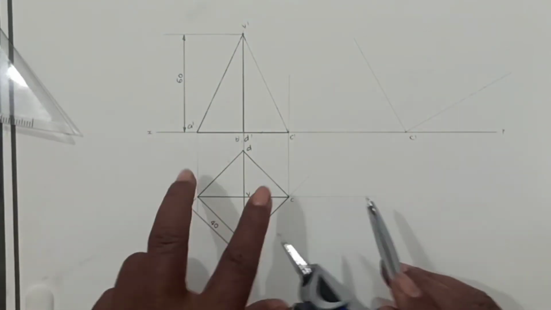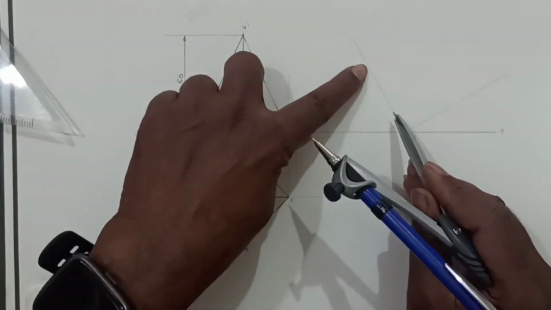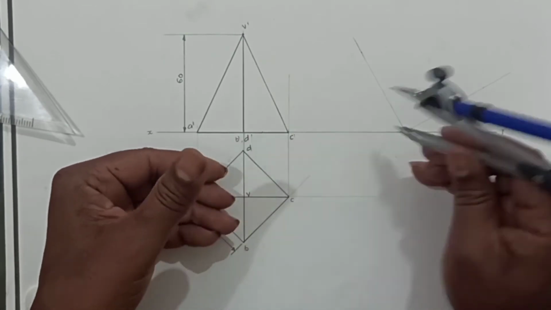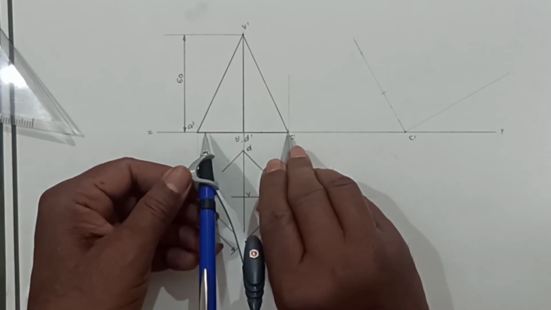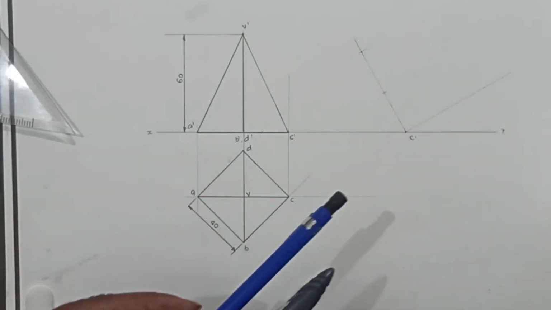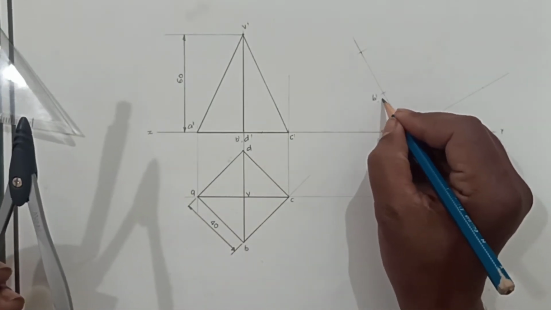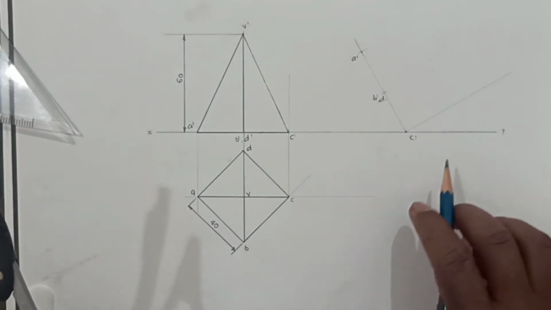Now as the C is here, shift these two distances on this line. Take the distance in the compass, shift it here, then take the distance in the compass, shift it here. Label it as B dash, D dash, and the A dash will be here.